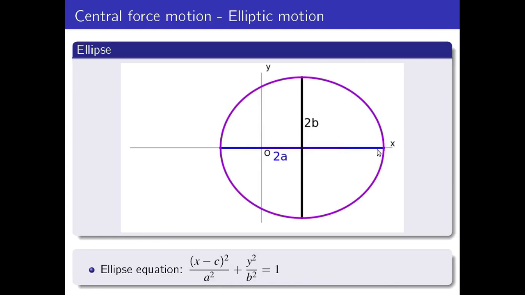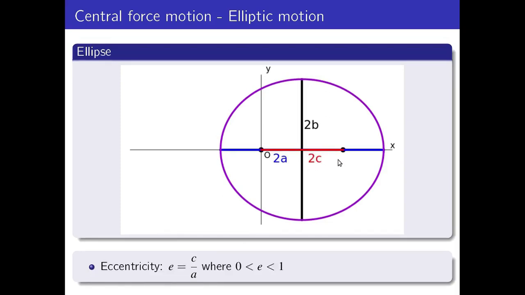And this horizontal chord is equal to 2a and the vertical chord is equal to 2b. Both of them pass through the center of the ellipse. And there are two focal points for the ellipse and the distance between them is equal to 2c. And the eccentricity of the ellipse is equal to c over a, and it is always between 0 and 1.